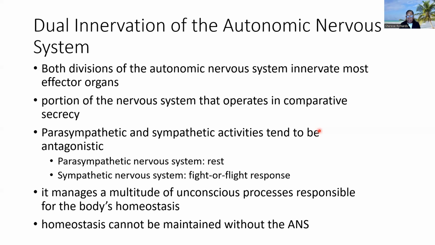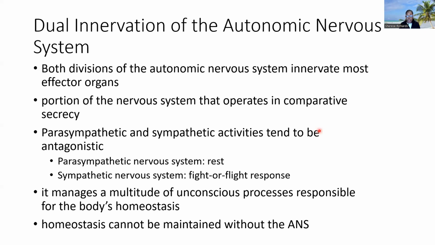Now, this division is going to manage a multitude of unconscious processes. So once again, things that we're not cognitively aware of, like blood pressure, our temperature, our acid-base balance, all of those unconscious processes that we're not thinking about are also important for homeostasis, but they're going to be controlled by the autonomic nervous system.